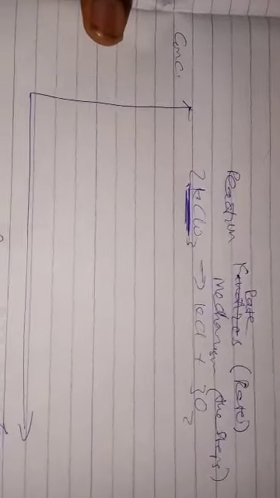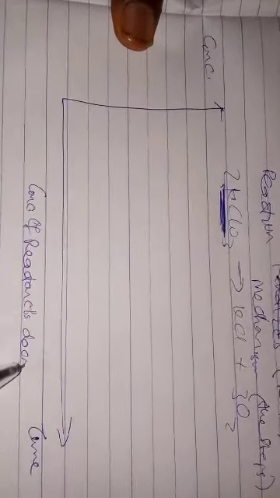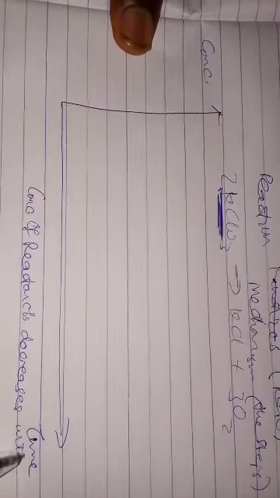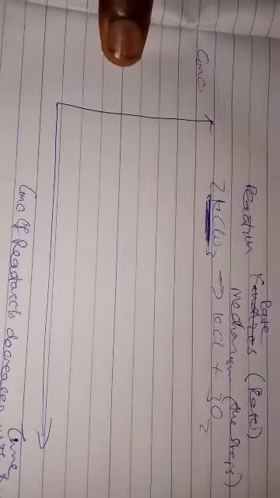KClO3 is your reactant. The concentration of reactants decreases with time. At the beginning the concentration will be high, but as the reaction progresses, it will be decreasing. So this will be the graph for the concentration of reactants.